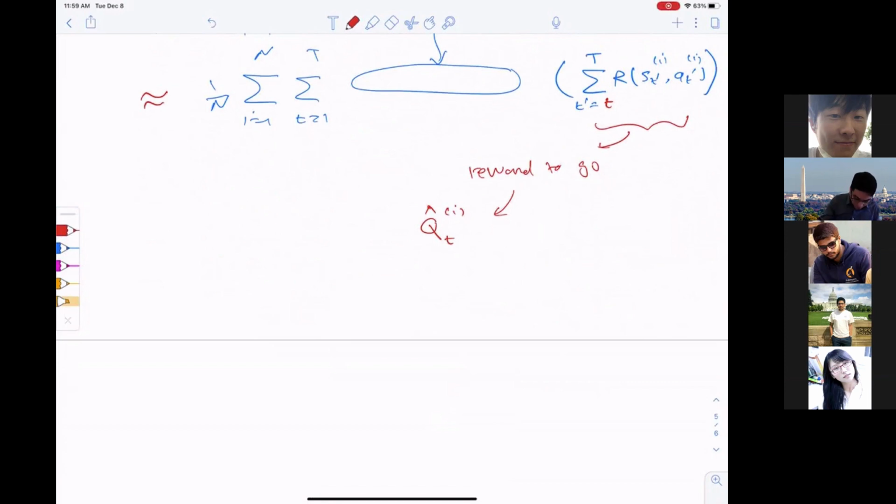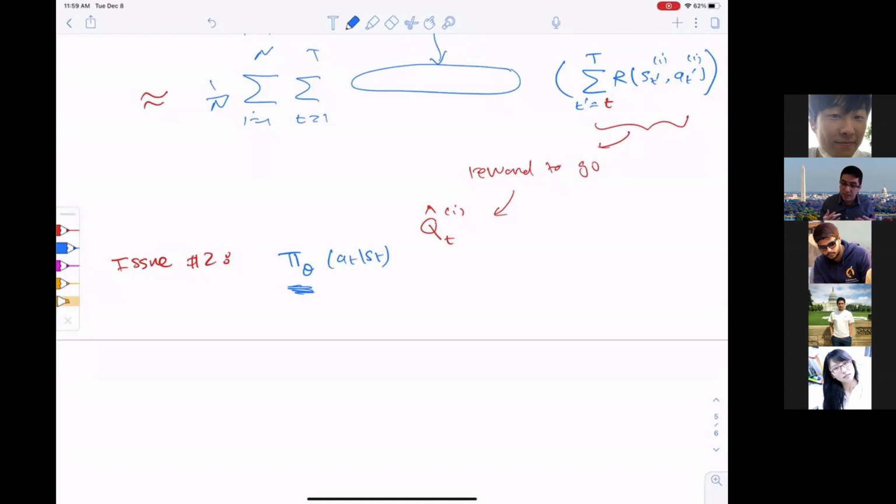So another issue about the policy gradient is that we are optimizing in the theta space, but some of the parameters can change the probabilities more than other parameters.